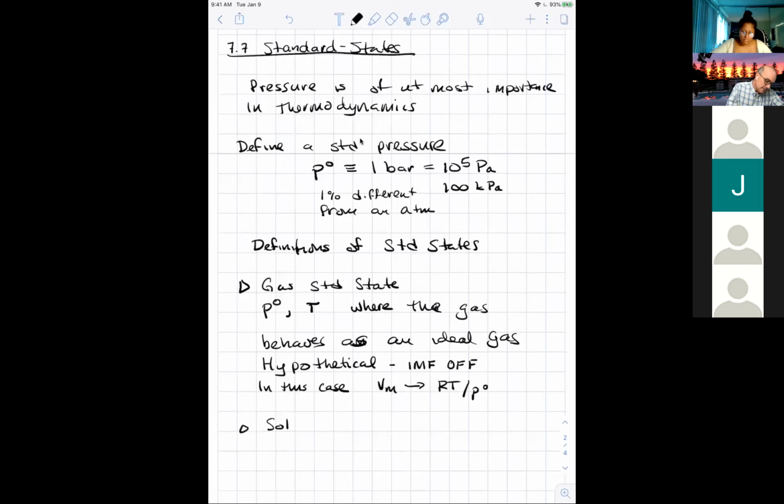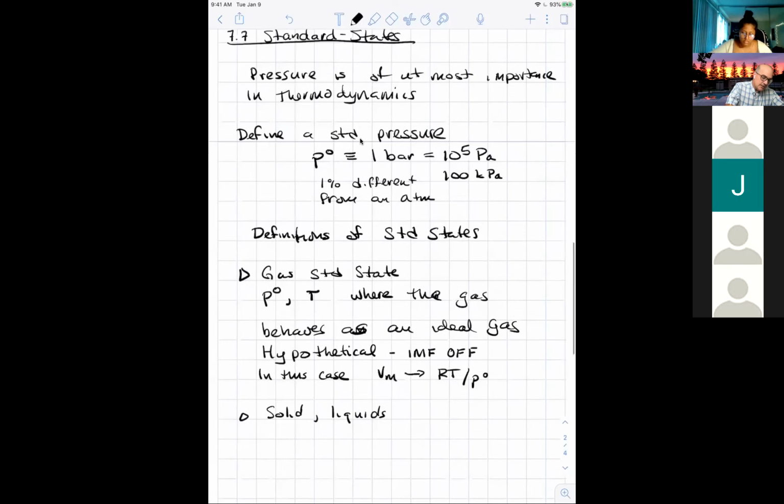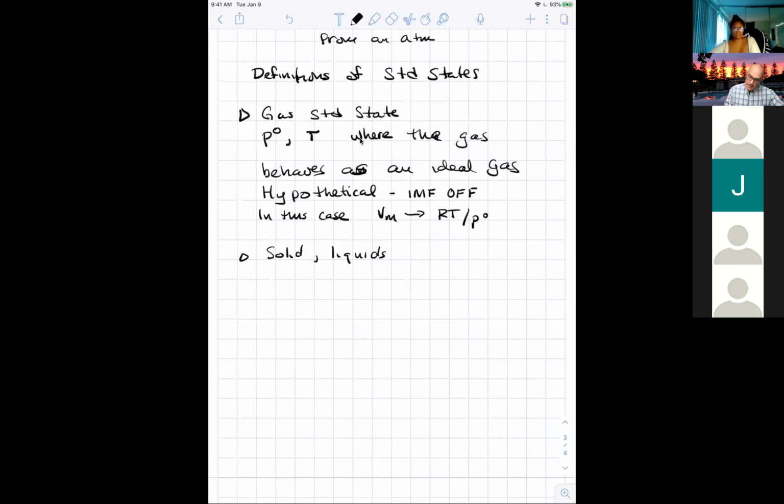Okay, for solids or liquids, this is actually easier, right? The standard state, the language is a little bit weird, but if you think about it, it's something where the standard state is useful. The solid or liquid standard state, the condensed phase standard states, are the unstressed condensed phase at P naught and the temperature of interest, okay?